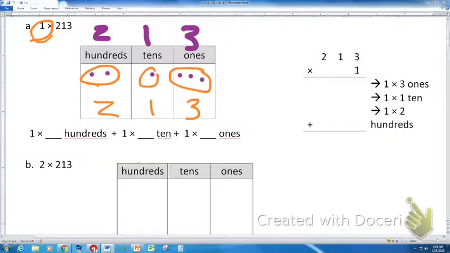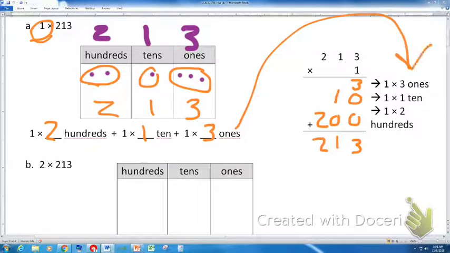So 1 times 3 ones equals 3. 1 times 1 ten equals 10. And 1 times 2 hundreds is 200. You add them all together, you get 213. So 1 times 2 dots over here, 2 hundreds. 1 times 1 dot is 1 ten. 1 times 3 ones, and these are what go here.